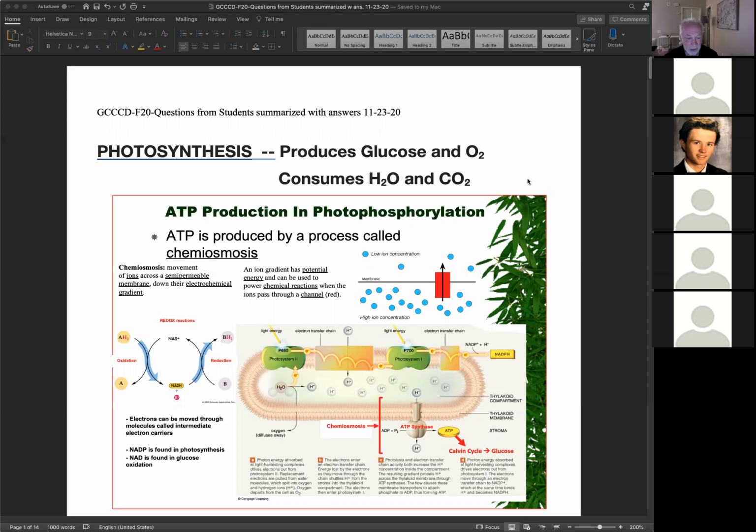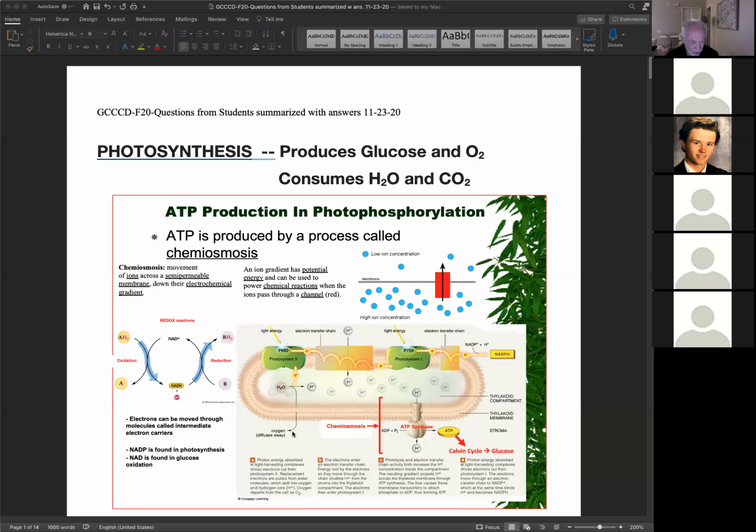So let me know if you can't see this, but there's this diagram, and all the illustrations I'm going to use today were taken from previous lectures. So you can always go back and find them in context in previous lectures. So in the light reaction, light comes in to photosystem 2, and when it does, water is split into oxygen and hydrogen.